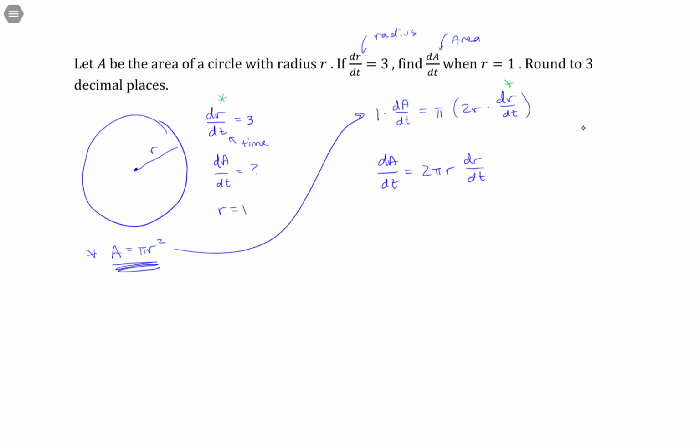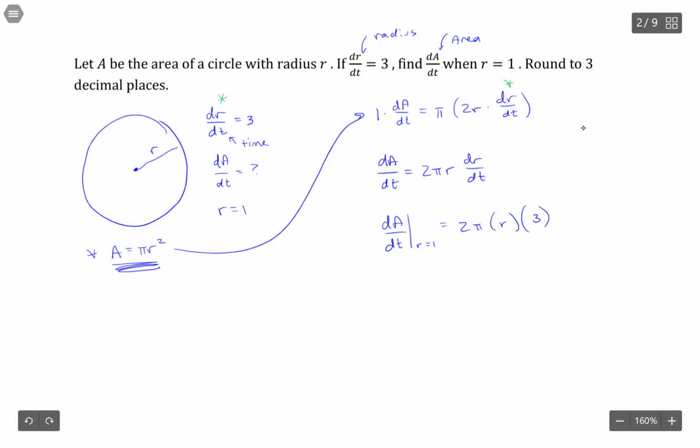And to find the rate of change of the area with respect to time at a particular point in time, that's going to be dA/dt when r is equal to 1 is going to be 2 pi times r times dr/dt, which in this case, oh, I'm sorry, r is 1. 2 times 1 times 3 would be 6, so 6 pi, or you could approximate that if you so desired.